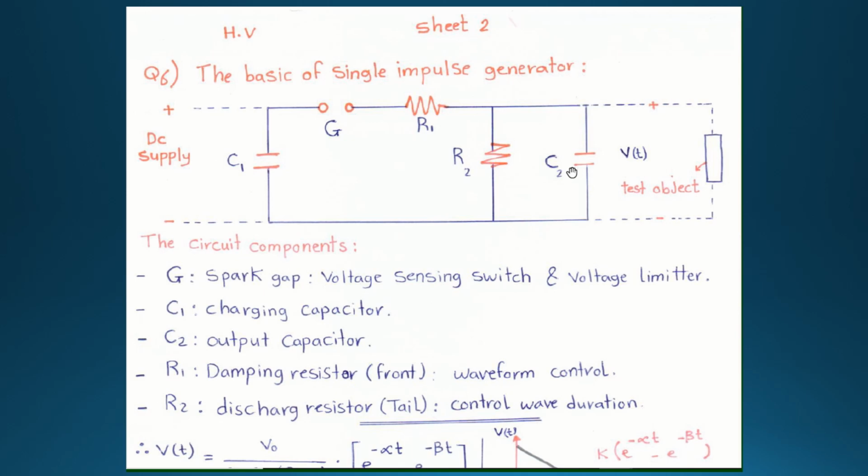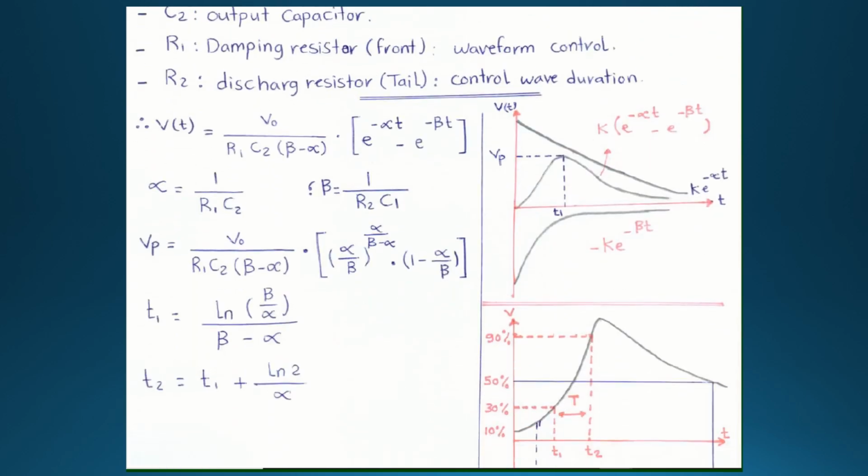So now I have explained how this circuit will operate. Now let's move on to the formula. How can we write this formula? VT will be equal to V output divided by R1 into C2, open the bracket, into beta minus alpha.